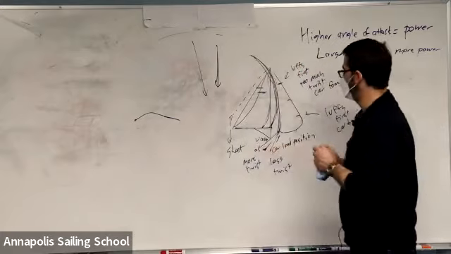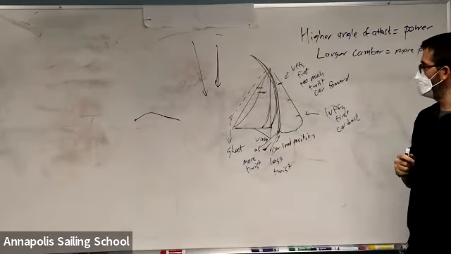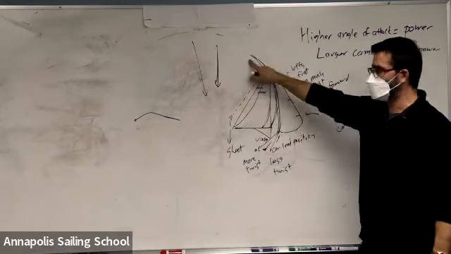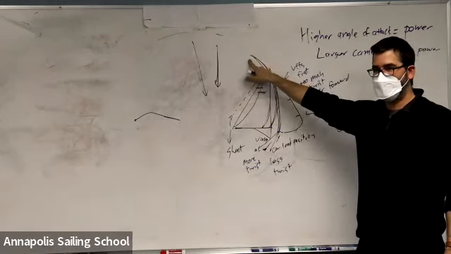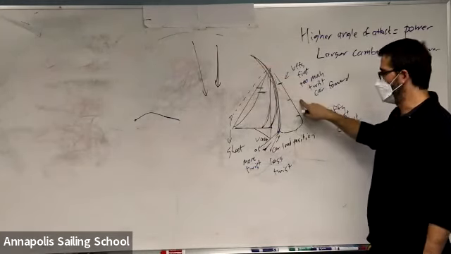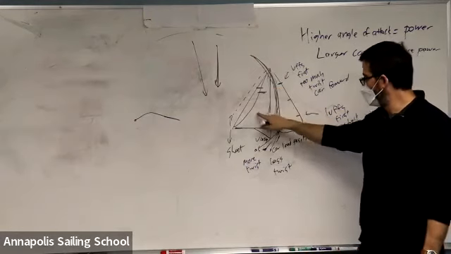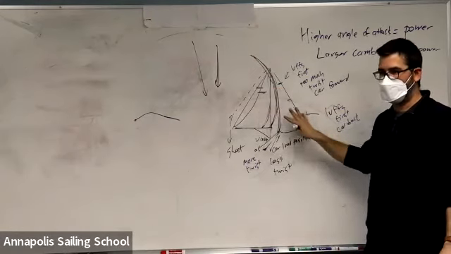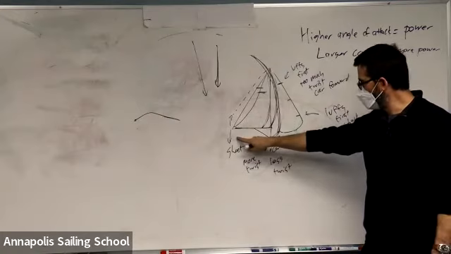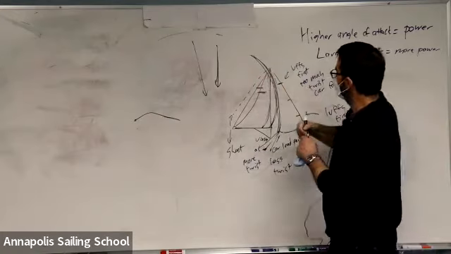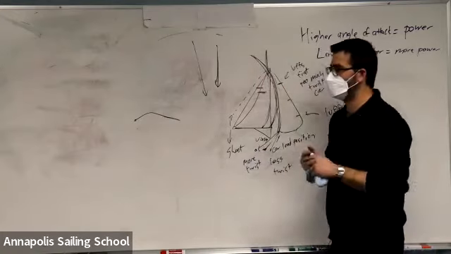And this mast bend, when the breeze comes up and you pull the sheet on, you're also pulling the mast back. And that does a couple of things. It pulls the draft forward in the jib, it pulls the draft forward in the main, it flattens all of your sails. When you release your sheet, you also release the mast.